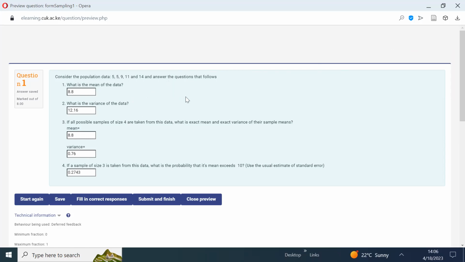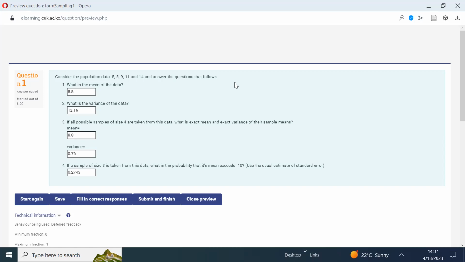So I do not think you have a problem in getting the mean of these 5 values. And if you have that challenge, then it means there is a serious problem. So you can confirm that the mean of 5 plus 5, I want to add 9 plus 11 plus 14.